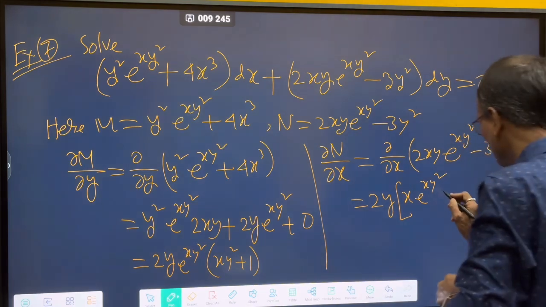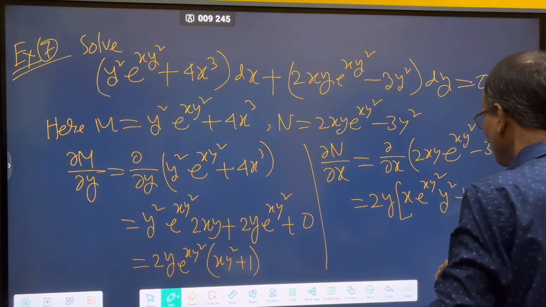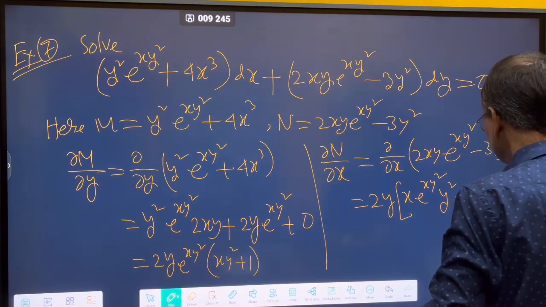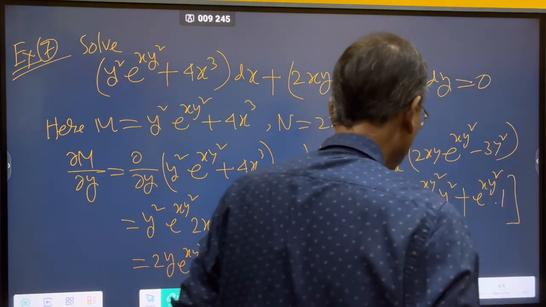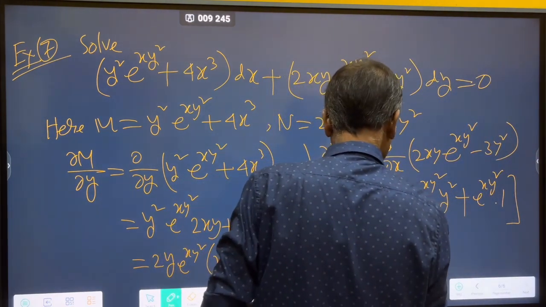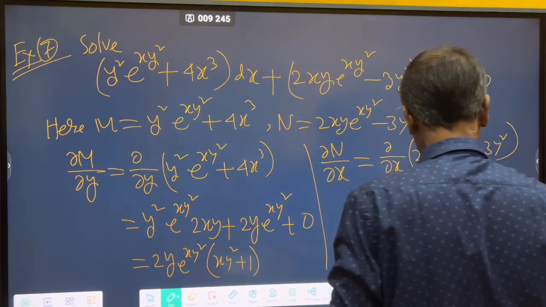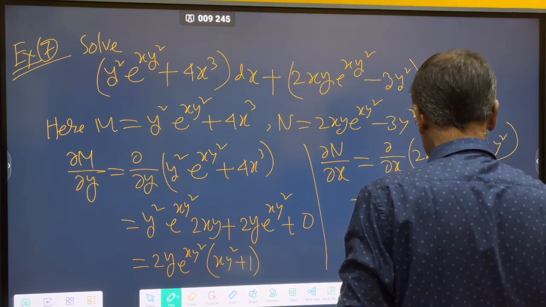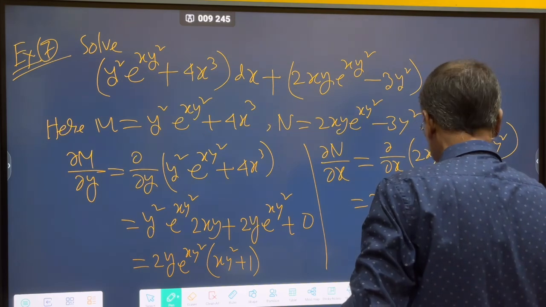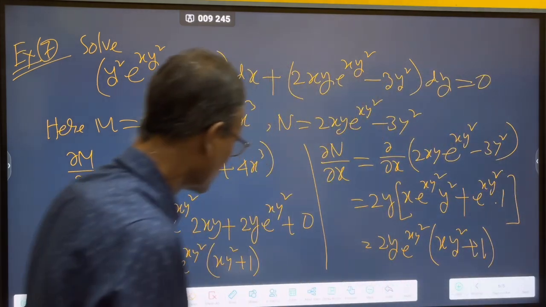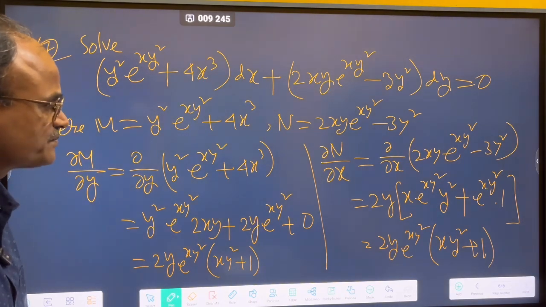Again, differentiation of this is xy² plus e^(xy²) into differentiation of x with respect to x. This is equal to 2y e^(xy²), in the bracket you will get xy² + 1.